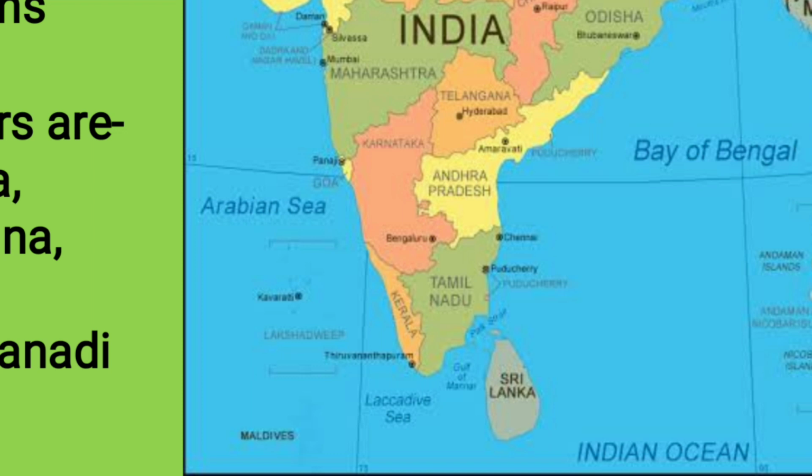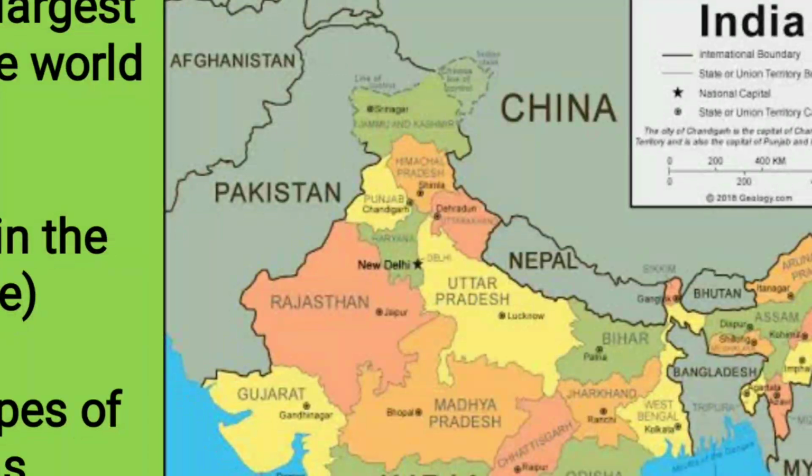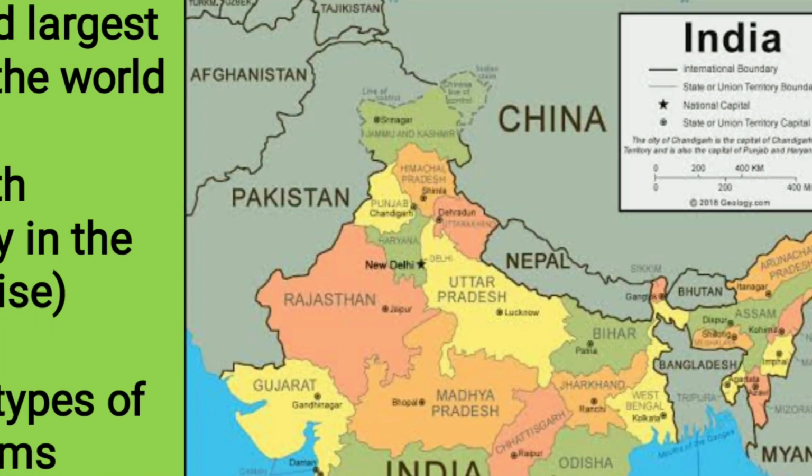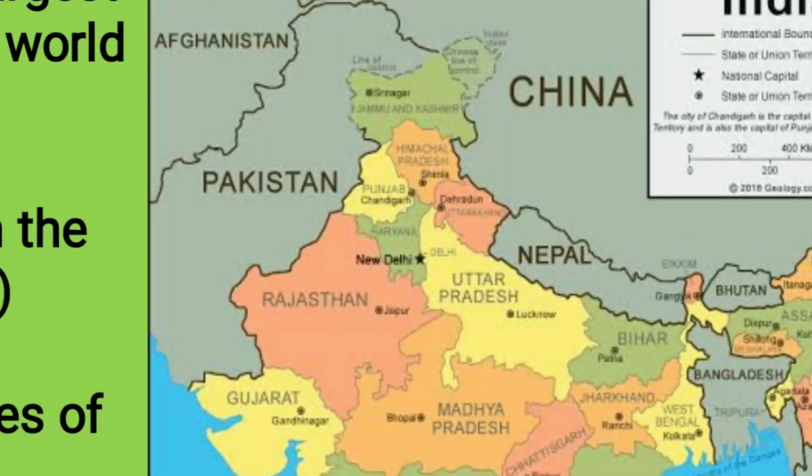The southern portion is covered by the Arabian Sea, Bay of Bengal, Indian Ocean, etc. But the northern portion is covered by land area.